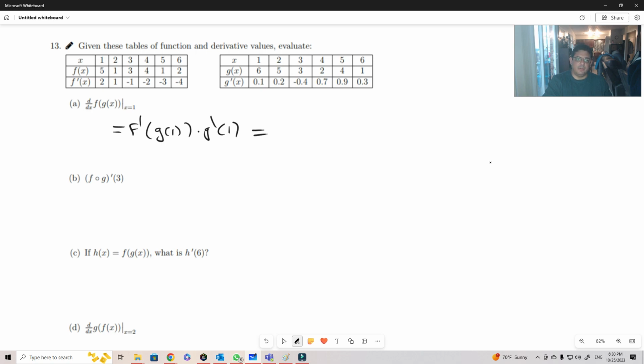So what I need to do is find who g of 1 is. And in this case, it's easy. When x equals 1, g is 6. So this will be f prime of 6 times g prime of 1. So now I can care about the derivative. F prime of 6. So I step on x equals 6 and take a look at what happened to f prime.